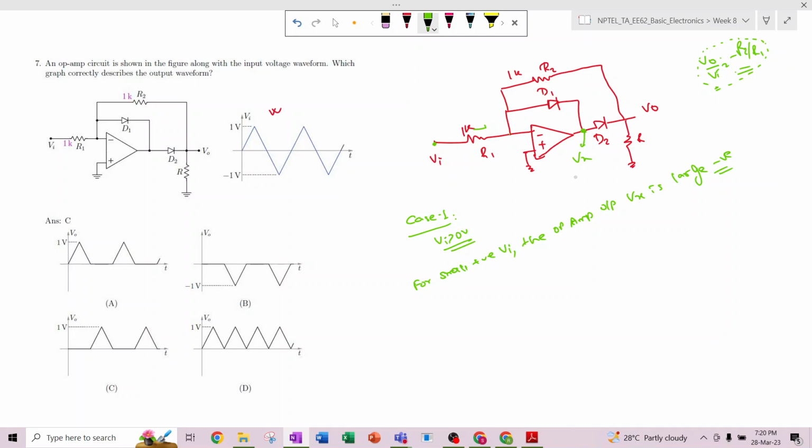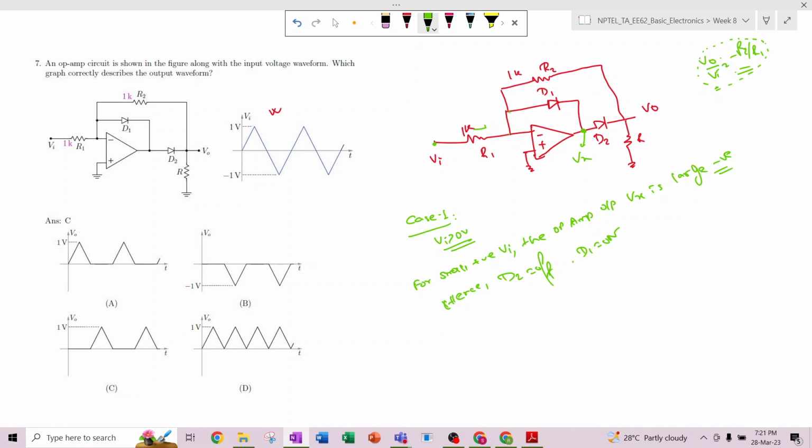As a result, it will be negative, which means D2 will be off and D1 will be on.